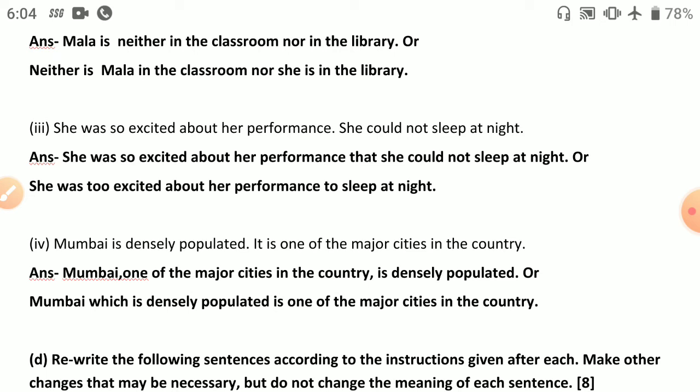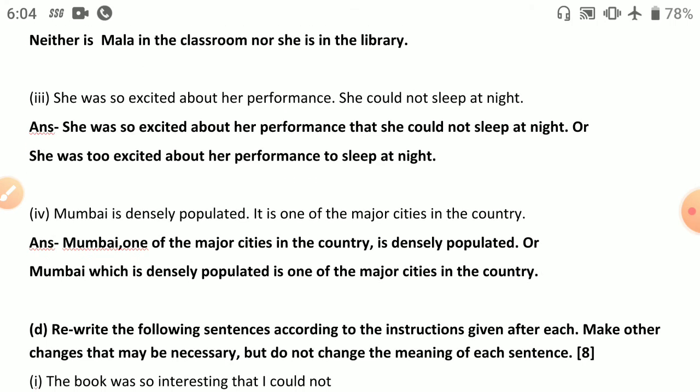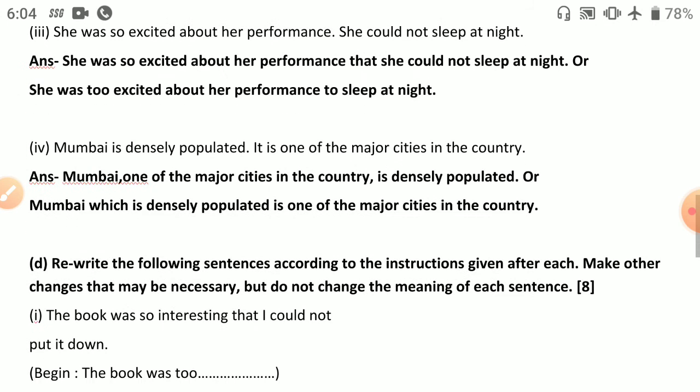So in apposition: Mumbai, then I'm putting a comma, both sentences are talking about Mumbai, right? So Mumbai, comma, one of the major cities in the country, comma, and then I'm writing the remaining part of the sentence, is densely populated. Or you can write: Mumbai, which is densely populated, is one of the major cities in the country. So that's the four sentences done.